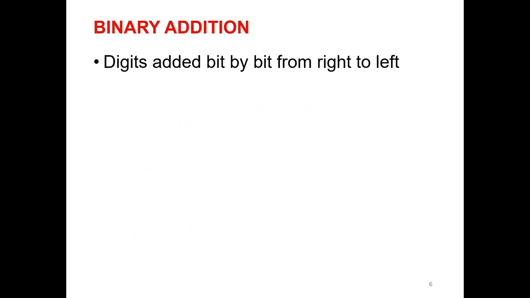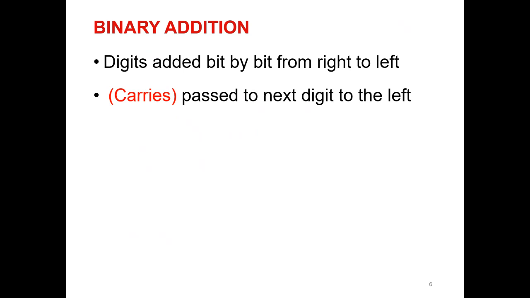Binary addition is similar to the decimal one. We just add digits bit by bit from right to left. There is something called carries, which is similar to decimal, which are passed to the next digit to the left.